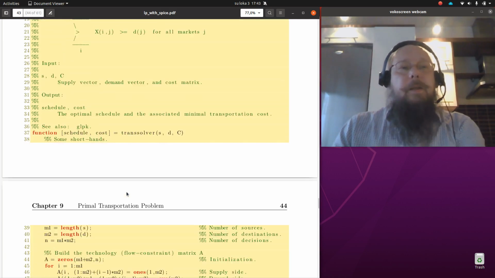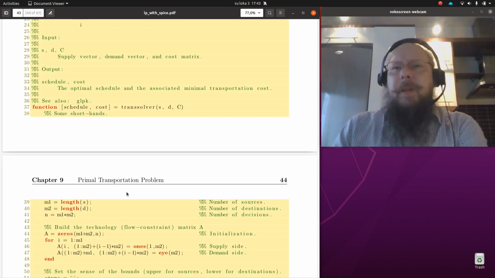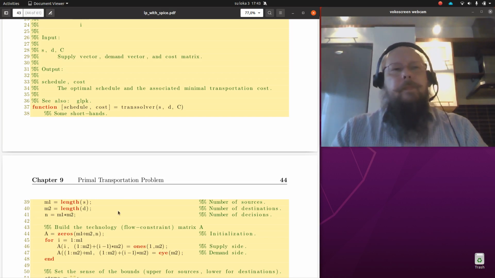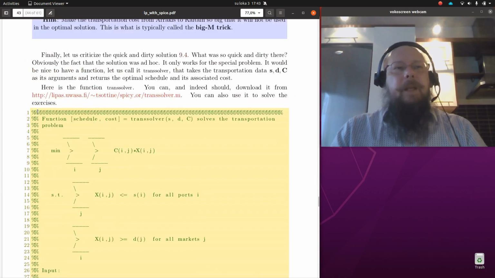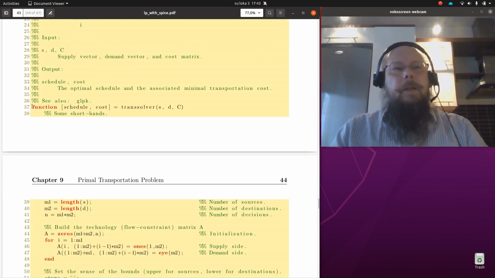So here is then a very short explanation how this function works. First, this is a function m file, not a script m file, meaning that the first thing that does something, so these comments do nothing, is the keyword function. So now Octave will understand that this is a function m file.